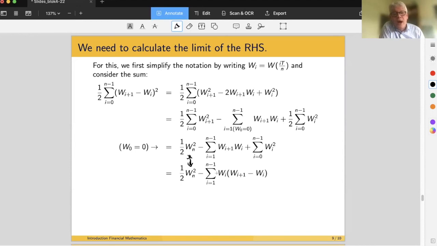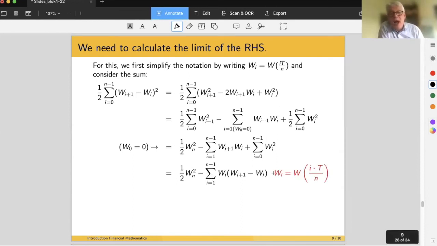We take w_i out of the brackets here, w_i times (w_{i+1} minus w_i). And this, if we look at it, is in fact the definition of our delta n in this case. This is the definition of our integral, yeah, with the simple processes here.